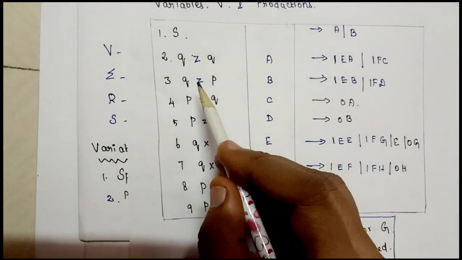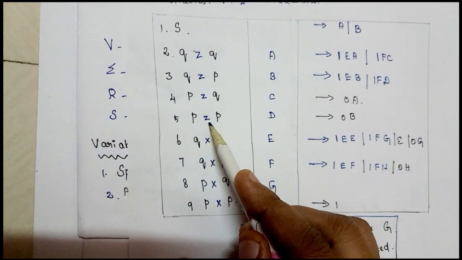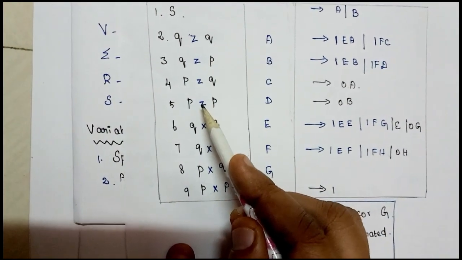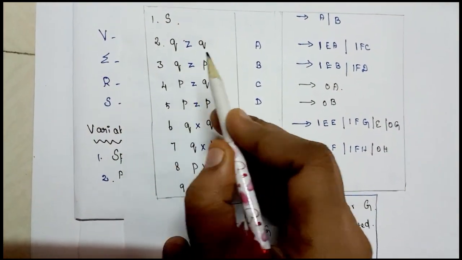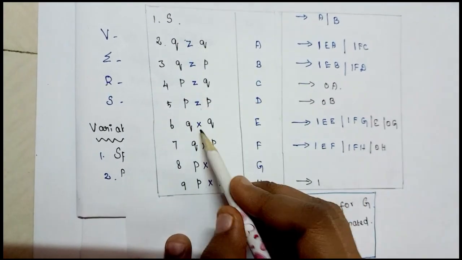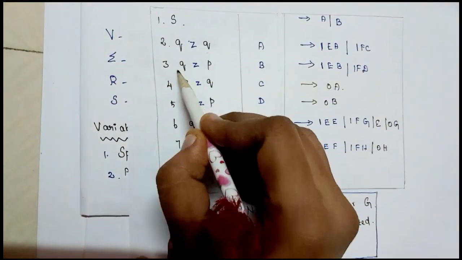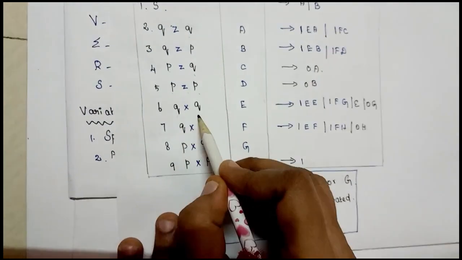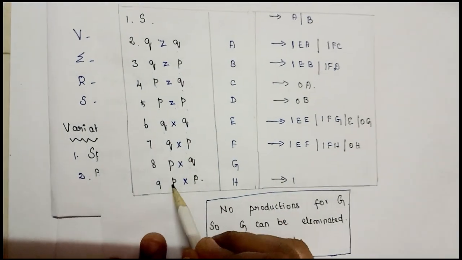Next, all the variables of this production. When you take these variables, we take the middle element as the stack symbol, and the first and last components are going to be the states, q and p. We take the initial stack symbol first and then the second stack symbol X. So the combinations are qq, qp, pq, pp, and similarly for the second stack symbol we have qq, qp, pq, pp.